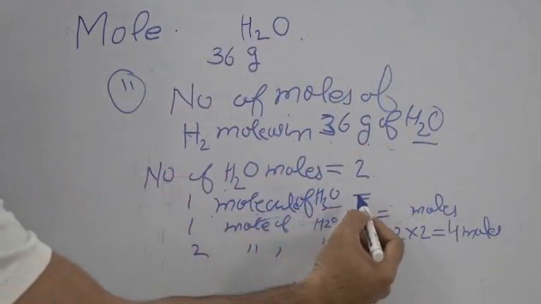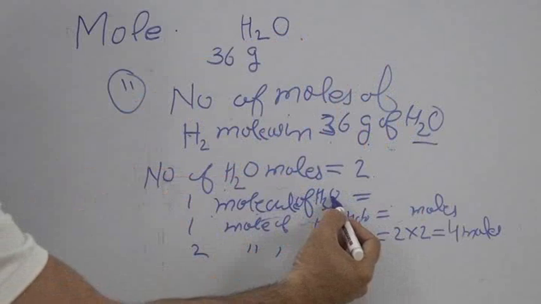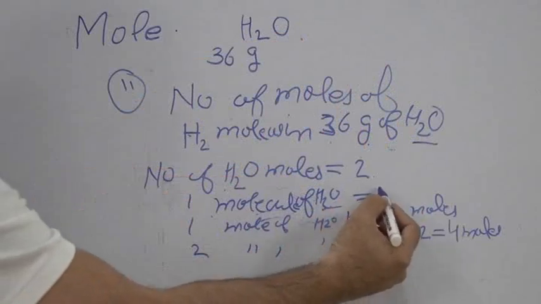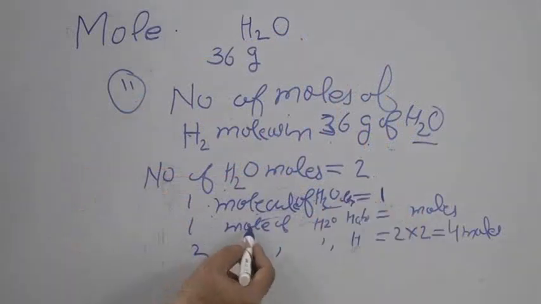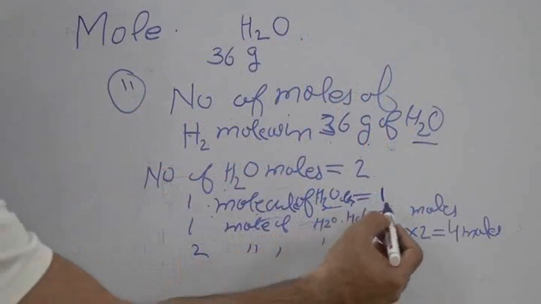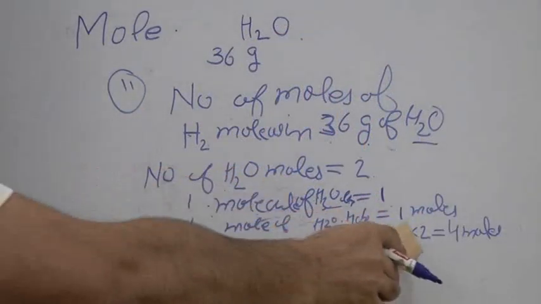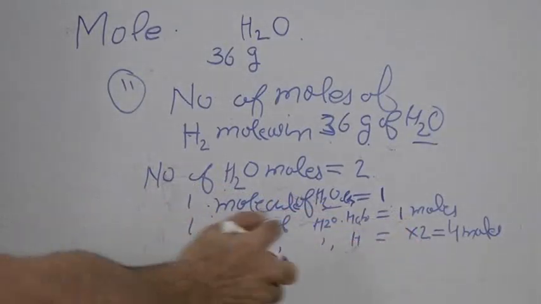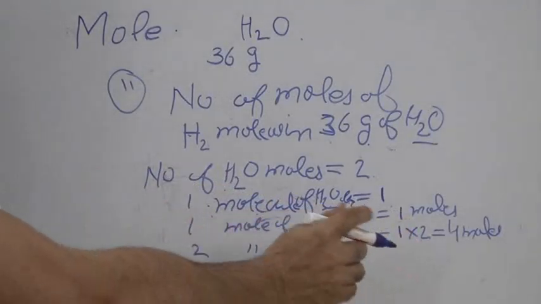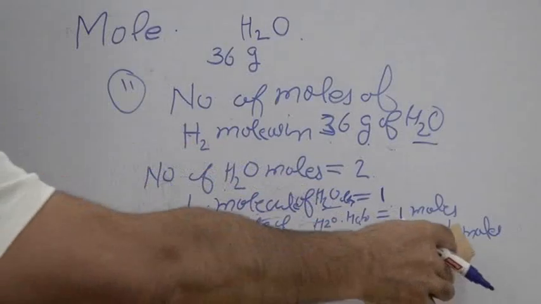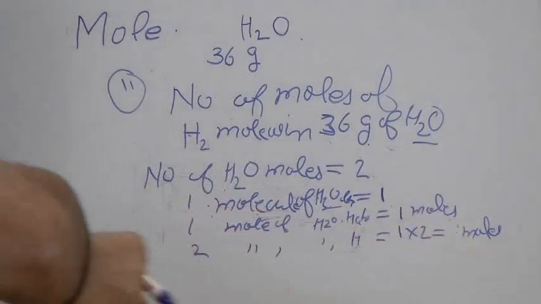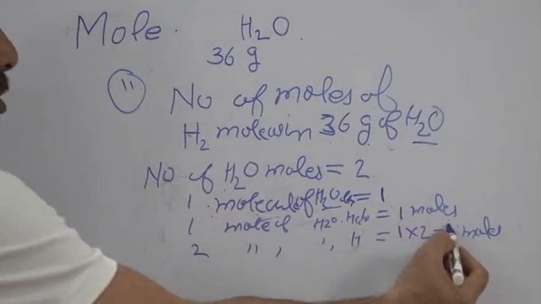Number of molecules of H2 in H2O, 1. 1 mole of H2O would contain how many? 1. And it would also be 1. Then the total number of moles of H2 comes out to be how much? 2 moles.